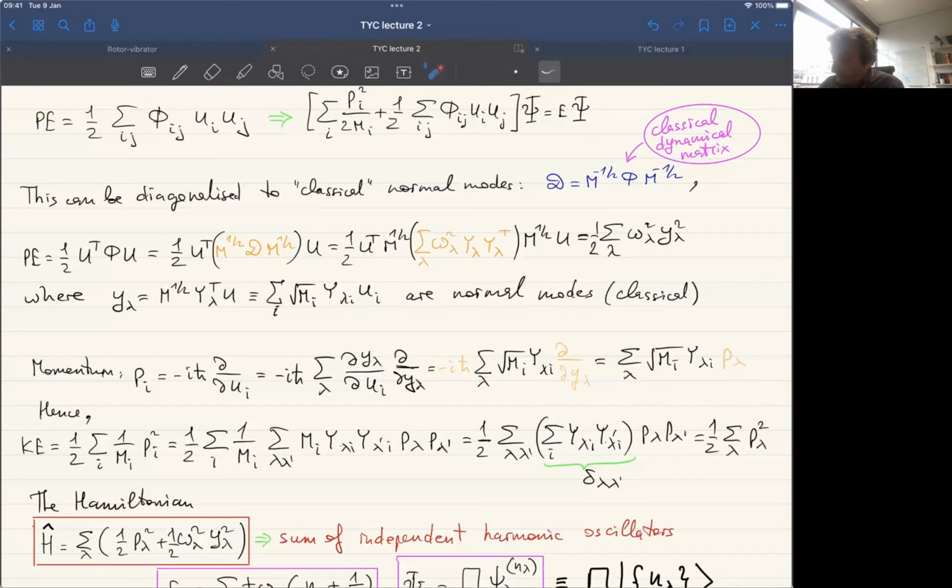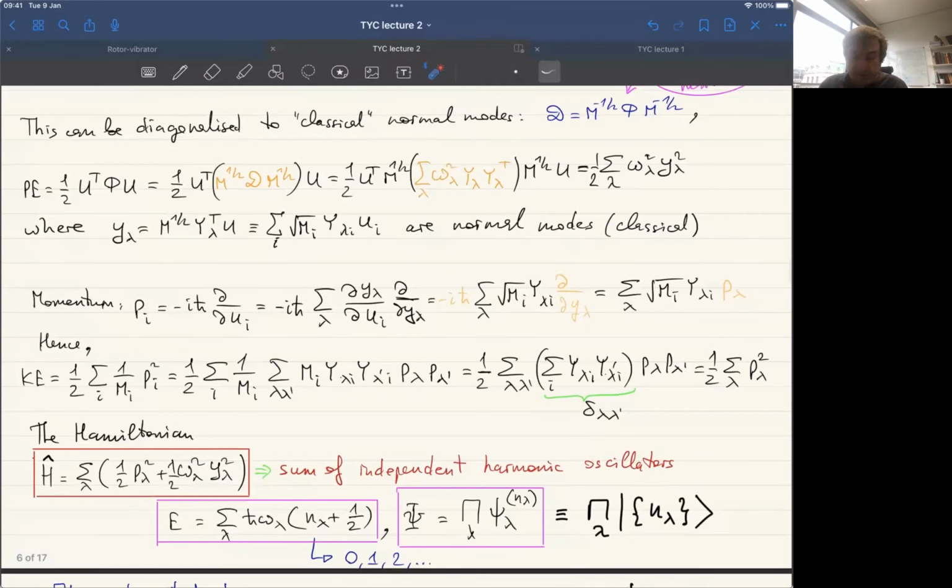And similarly to what we did with the kinetic energy in the classical case, we can work out what the kinetic energy operator would be now in terms of these p lambda quantities, and it appears to be exactly the same as in the classical case. So you should be able to see here full analogy with the classical case.